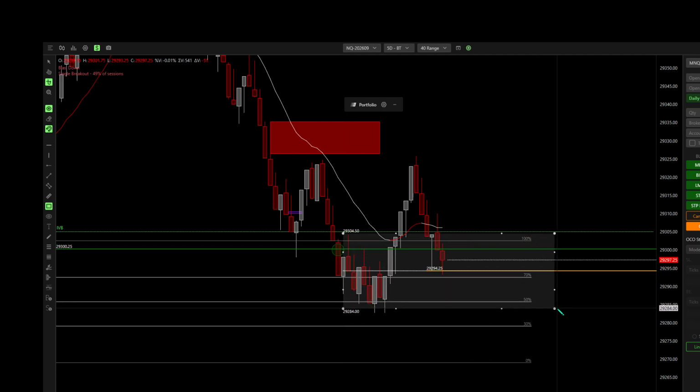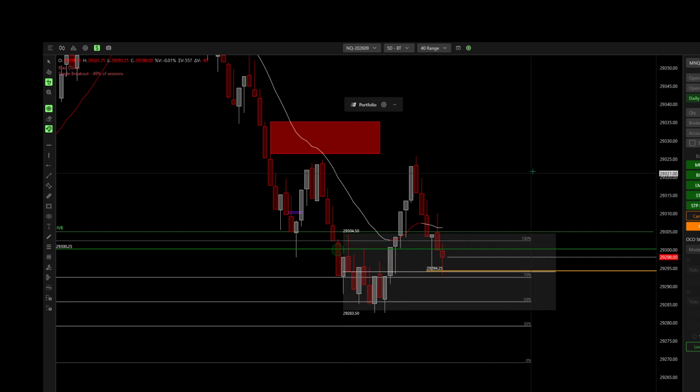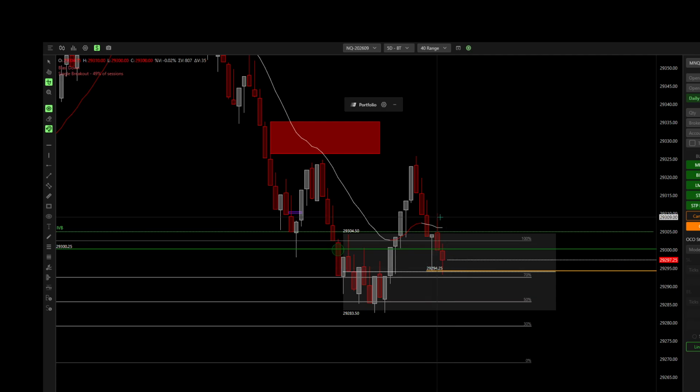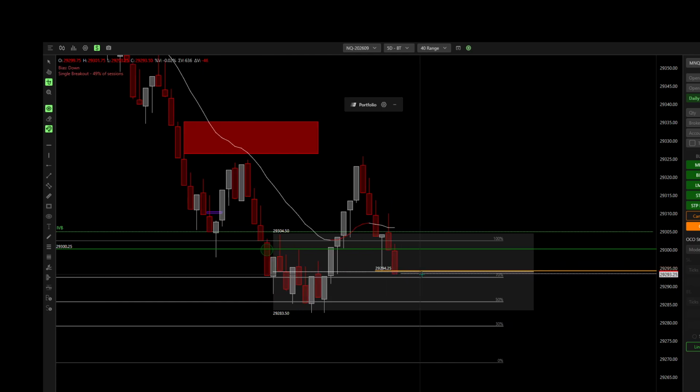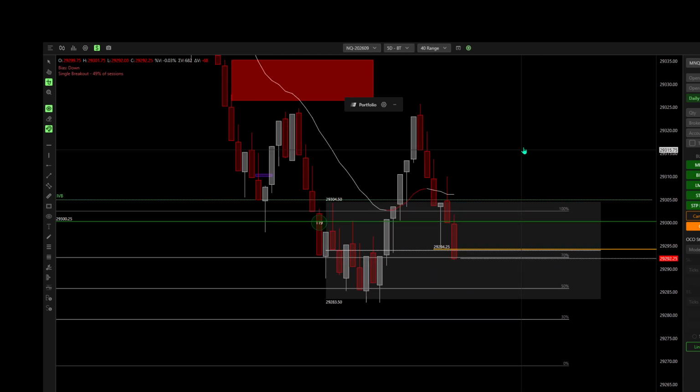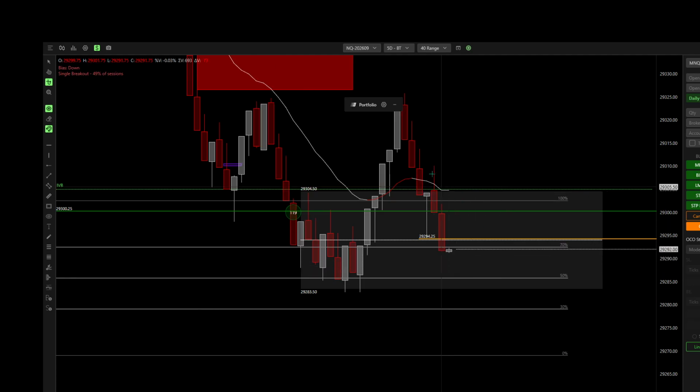Kind of in this range right here. We left the range, tap back into the 50% before leaving it again, right? And it came back in, tapped into the 50% a second time. Now it's going in the opposite direction.